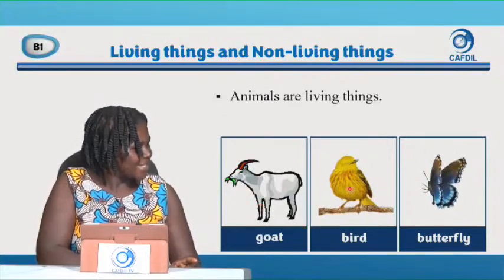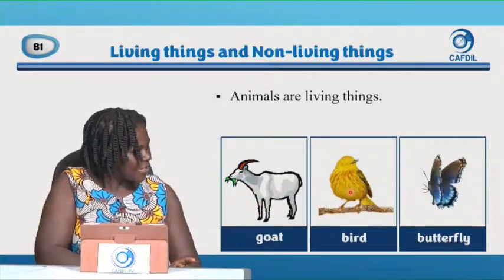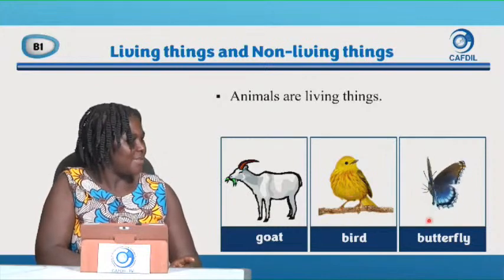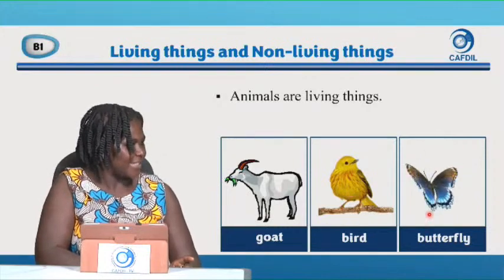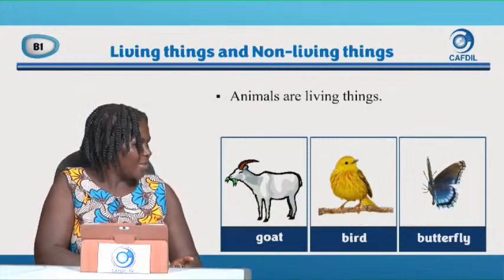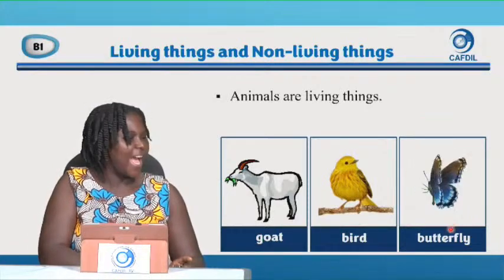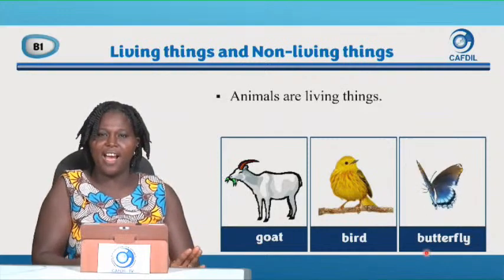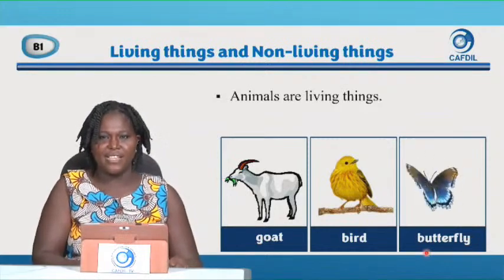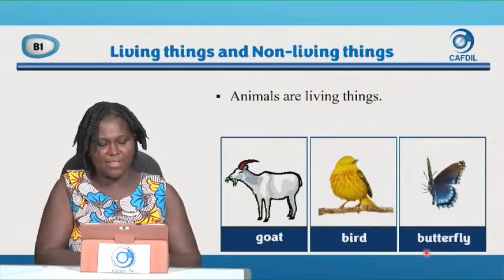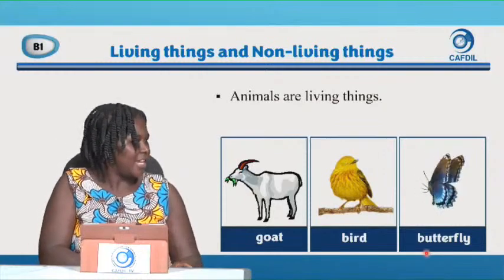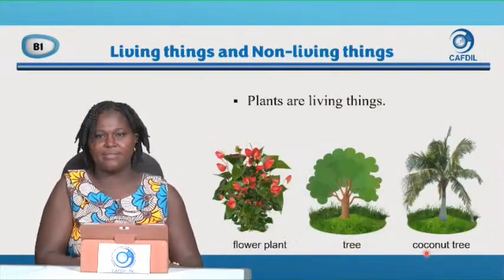We have the bird standing on a tree. We have the butterfly flying. So goats, bird, butterfly, they are animals and they are living things. Good. Now let's continue our lesson.